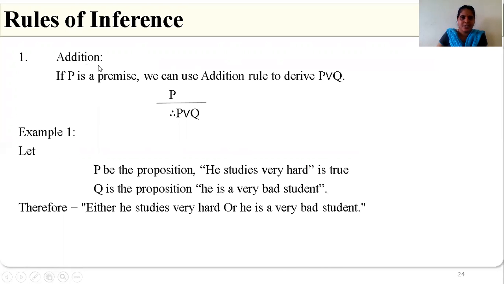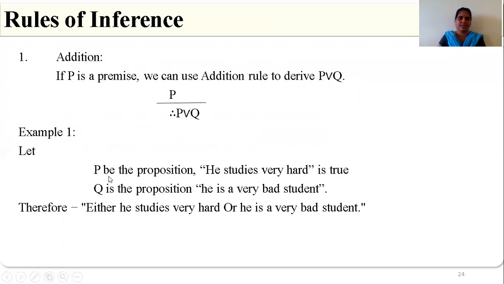The first one is the addition rule. According to the addition rule, if P is a premise, then we can use the addition rule to derive P or Q. That is, P is a premise, therefore the conclusion is P or Q. This is simple, and it is called the addition rule.